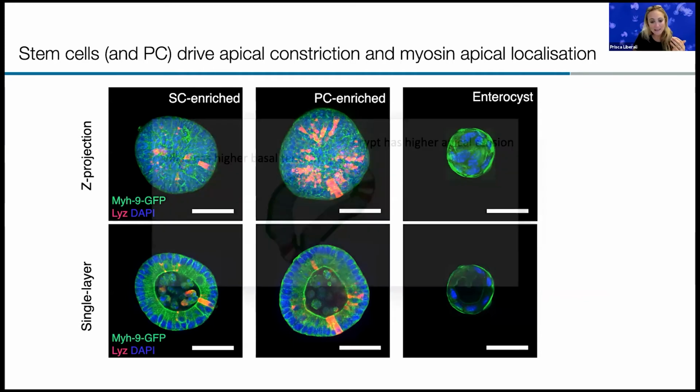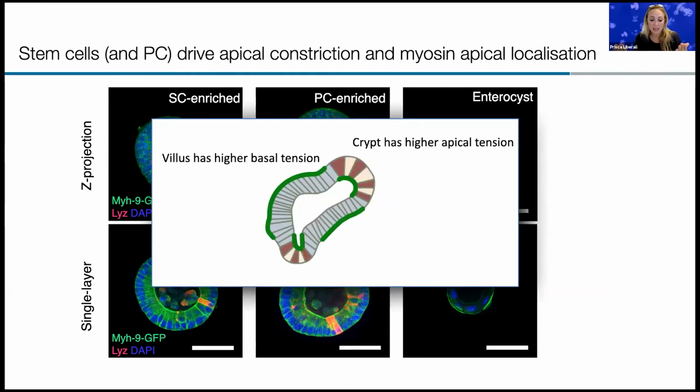So what happens is that while the cells differentiate, the stem cell niche starts accumulating myosin on the apical side, while on the villus side there's accumulation of myosin on the basal side, giving this spontaneous curvature. But there was still something missing, that is this very strong volume reduction that was coordinating the crypt formation.